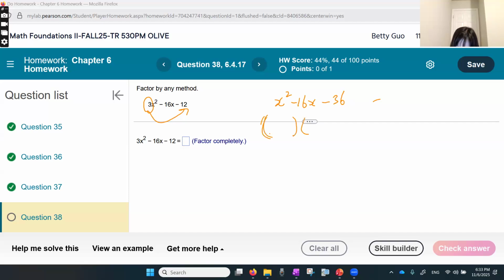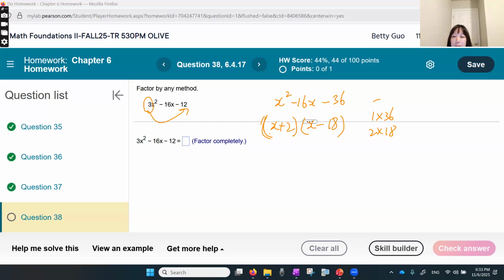So they multiply to negative and add up to negative, the negative number has a bigger absolute value. 1 times 36, 2 times 18, right?